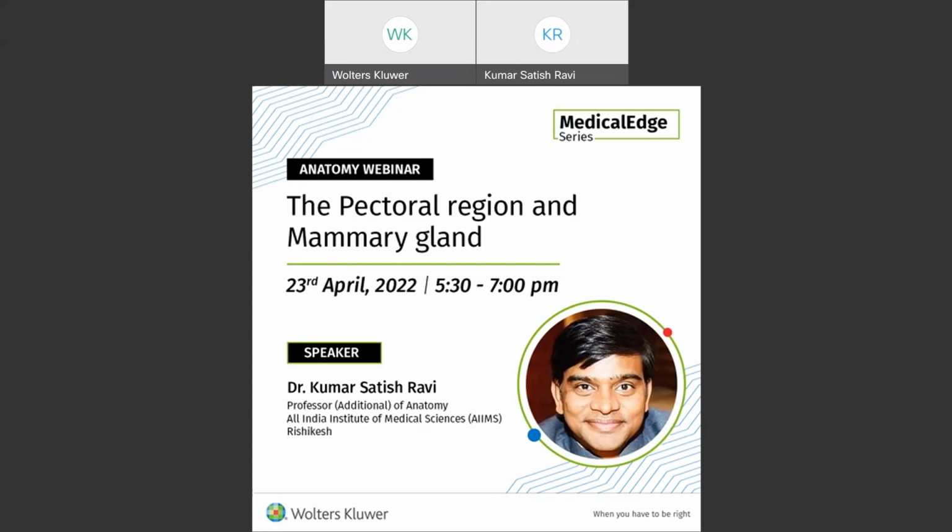Just now I said that it is the lateral pectoral nerve, and then apart from that, the thoracoacromial artery is there, and apart from that the deltopectoral nodes, I said. So these are the structures which pierce the clavipectoral fascia.